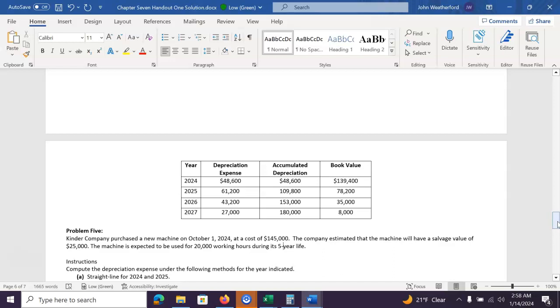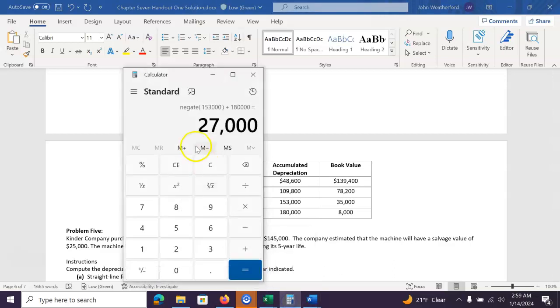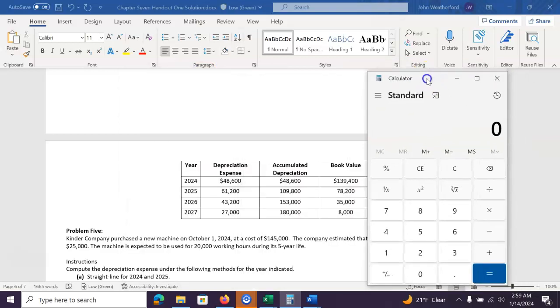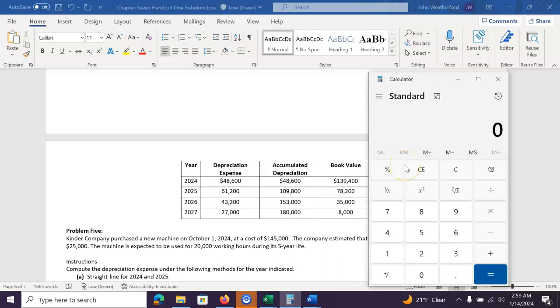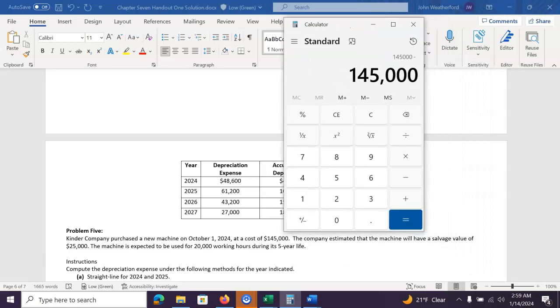Well, the way I always do it in a partial year, I calculate a full year, then I multiply by the number of months we're depreciating and divide by 12. So for 2024, we'll take $145,000, our cost, minus the salvage value of $25,000.